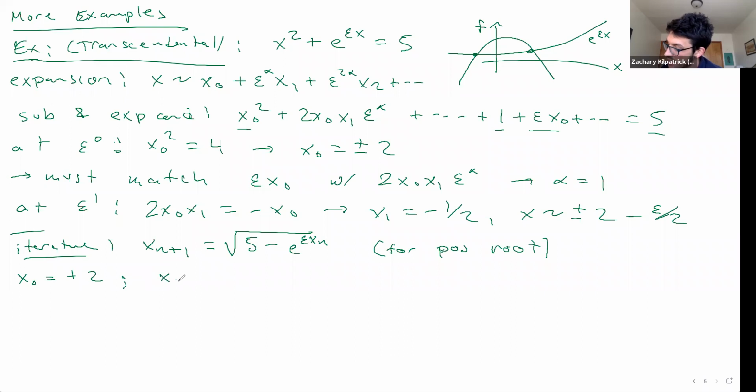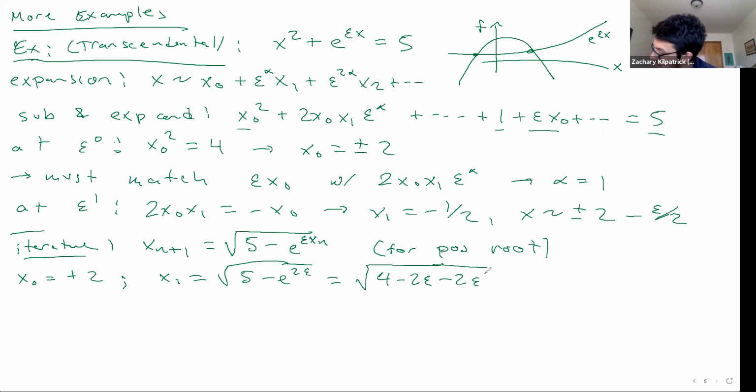Starting from that x0, I get x1 equals the square root of 5 minus e to the 2 epsilon. If I expand out my exponential, I get 4 minus 2 epsilon minus 2 epsilon squared.